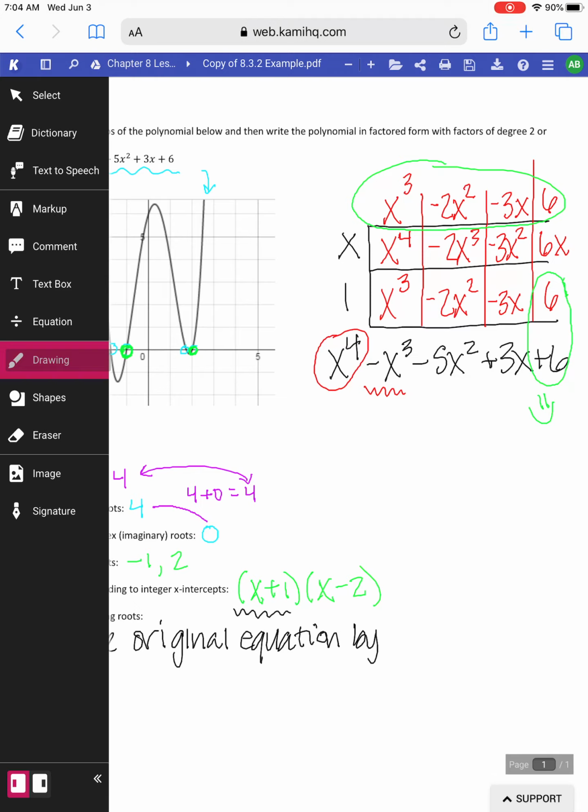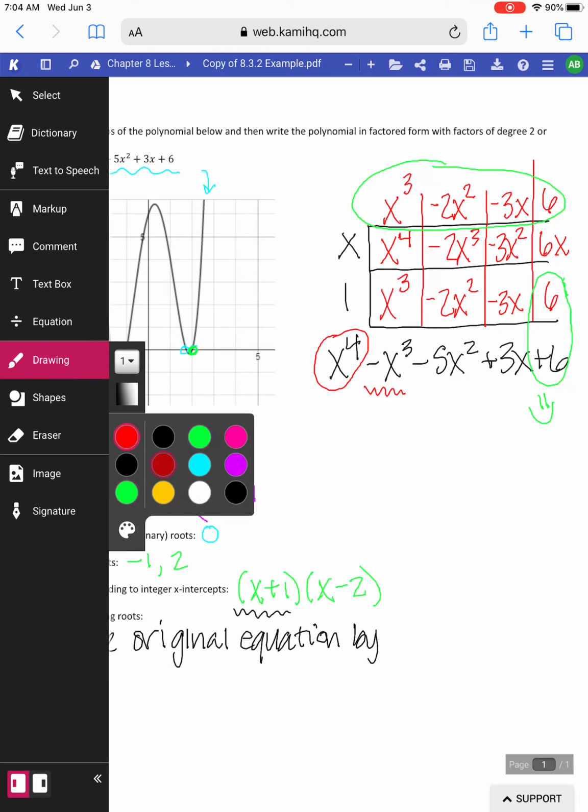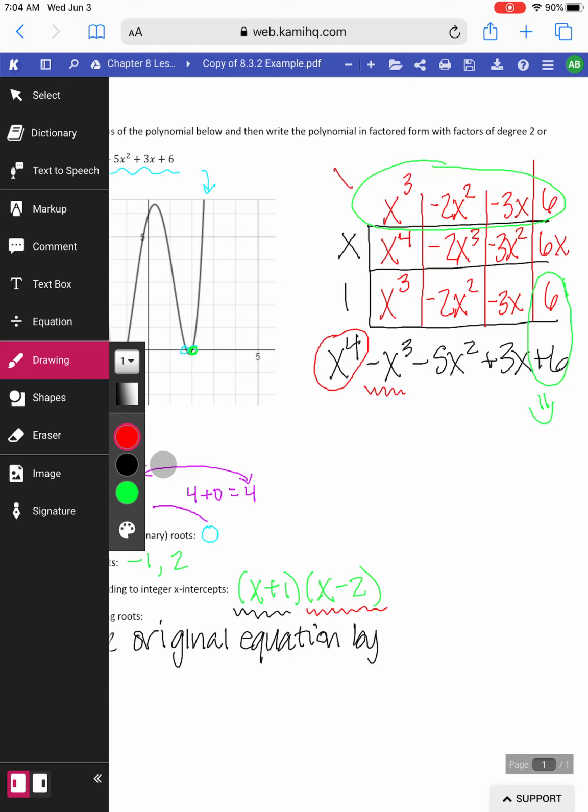So now we have a degree of 3 instead of degree of 4. And then what we're going to do from there is divide it by our next root. So we're going to do another problem where we're going to divide by x minus 2. We're going to take our answer from here, divide it by our second root, and then it should give us another polynomial of a lesser degree.